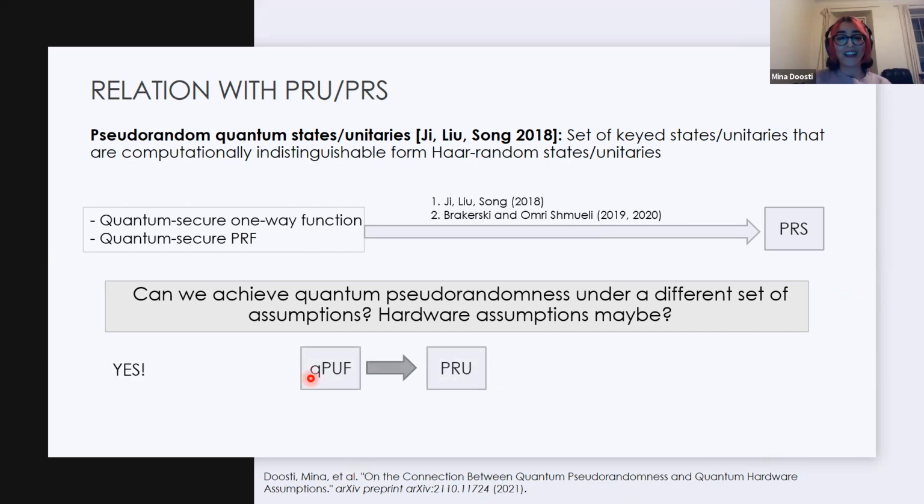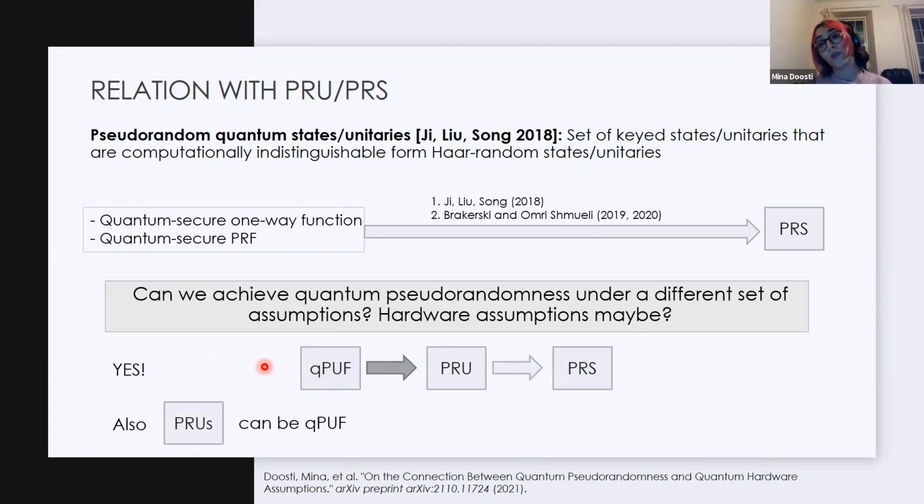Surprisingly, you can start with a family of qPUFs, and you can show that this also implies quantum pseudorandom unitaries. And out of that, you can construct pseudorandom quantum states. But we also show that if you have a family of PRUs, you can use them as quantum PUFs.